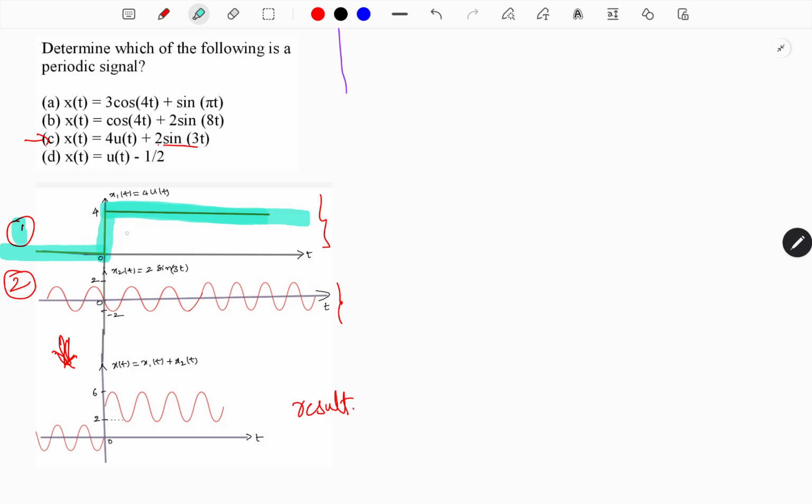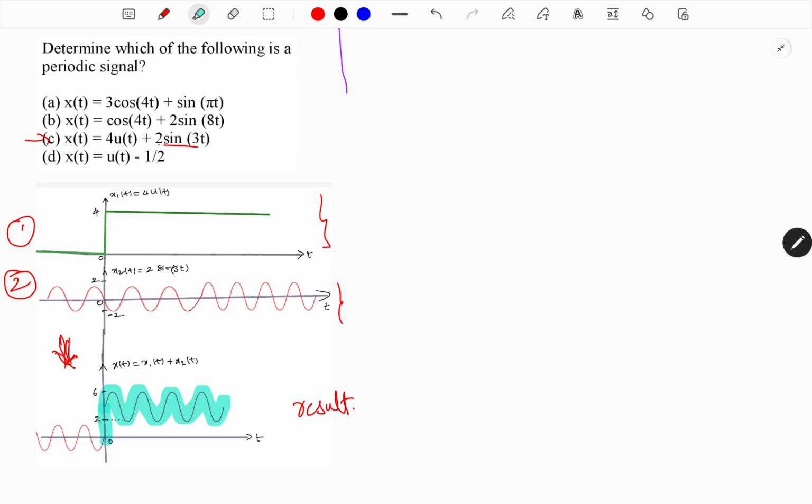By combining an aperiodic signal and a periodic signal in continuous time, we see the resultant signal like this. For t less than 0 it follows one function, but for t greater than 0 it jumps to some other value and follows the same sequence.